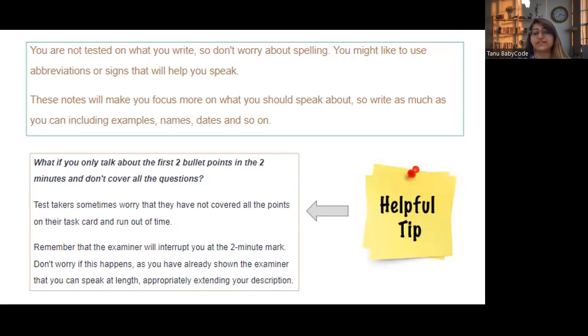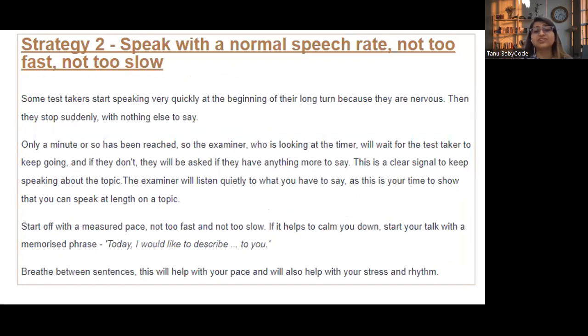You have already shown the examiner that you can speak at length and expand your description. But at first, it is advisable that you cover all 3 points.